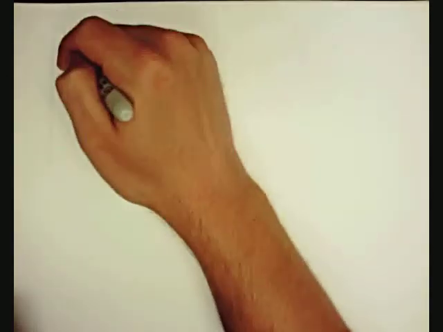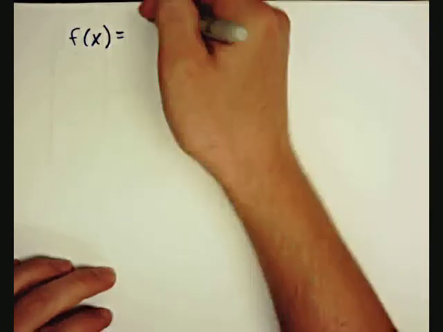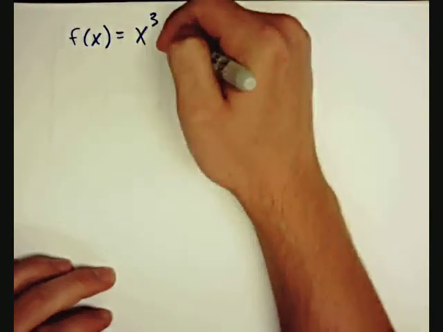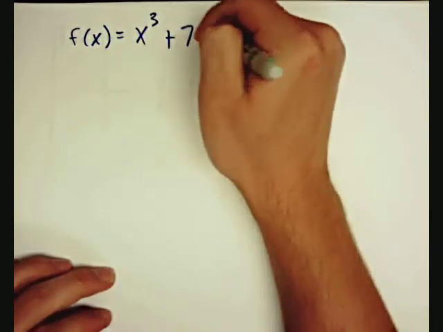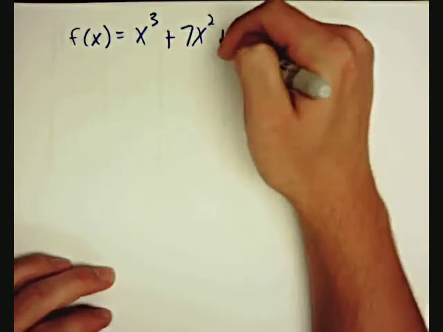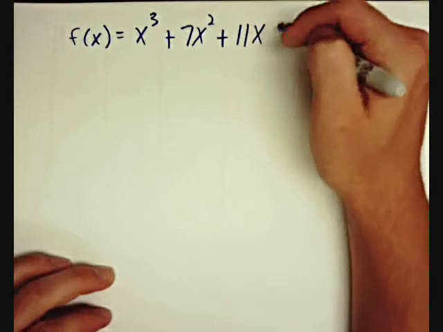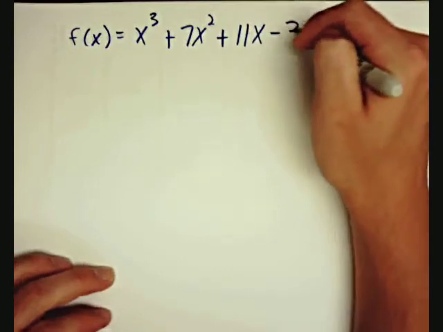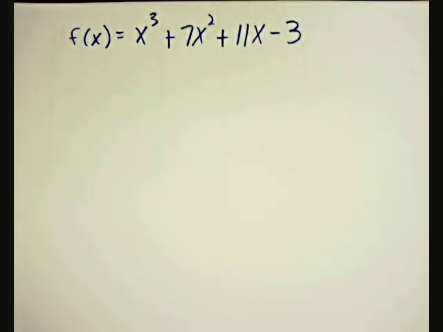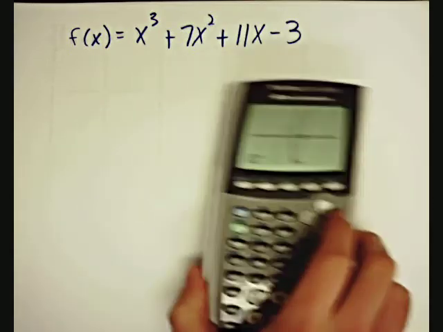Example 2, find the zeros of f of x equals x cubed plus 7x squared plus 11x minus 3. So again, start by graphing.